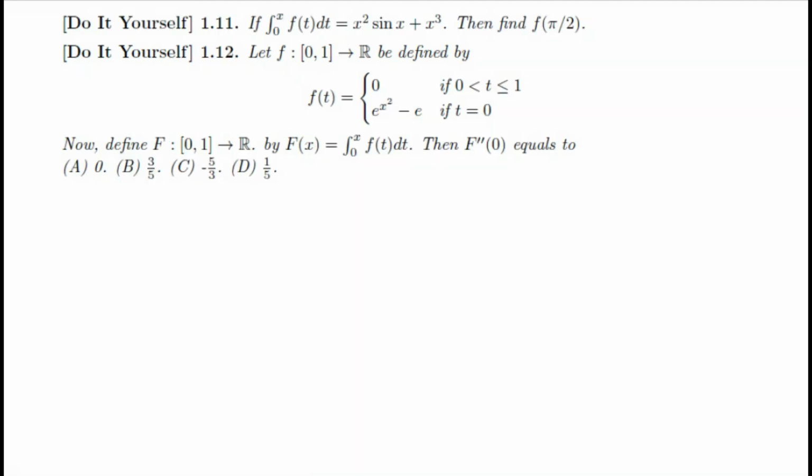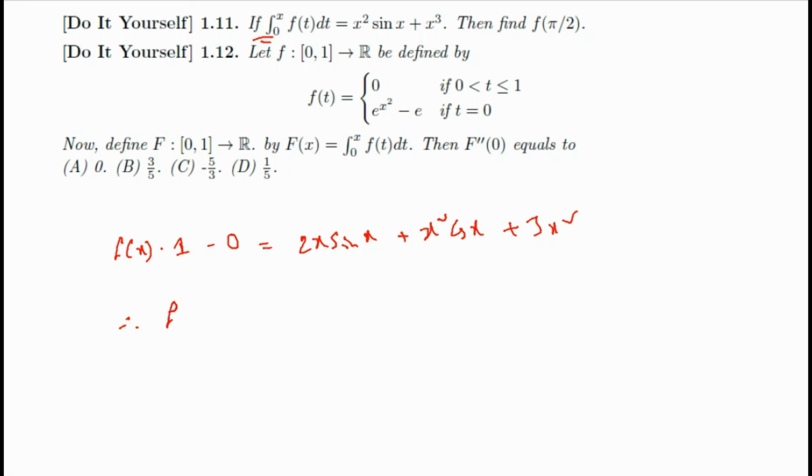For example 1.11, here we will first differentiate that one. So we have f x into 1 minus 0 equal to 2x sine x plus x square cos x plus 3x square.